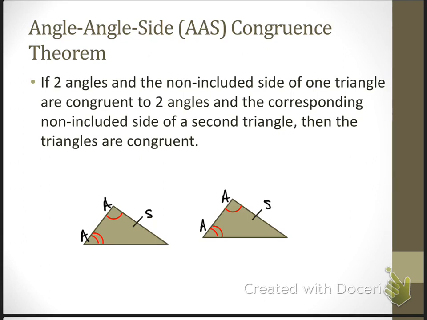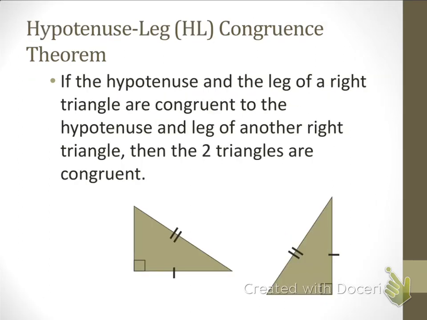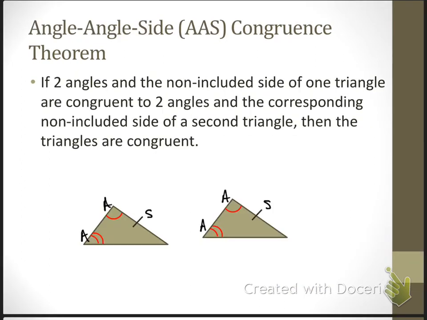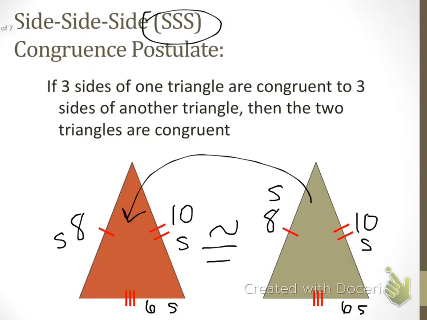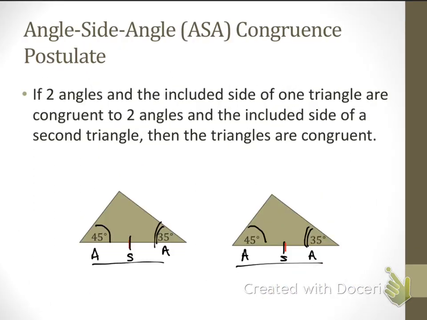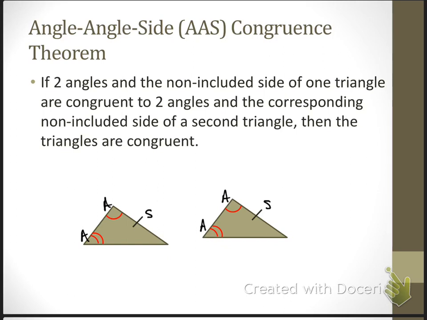You have AAS and AAS. So these are congruent by angle-angle-side. Okay, and these are the main four: you have SSS, SAS, ASA, and AAS.